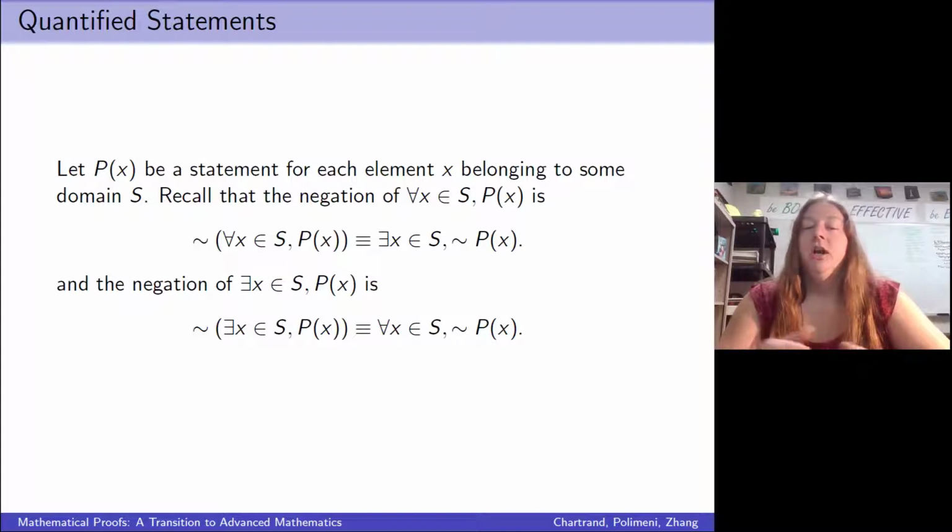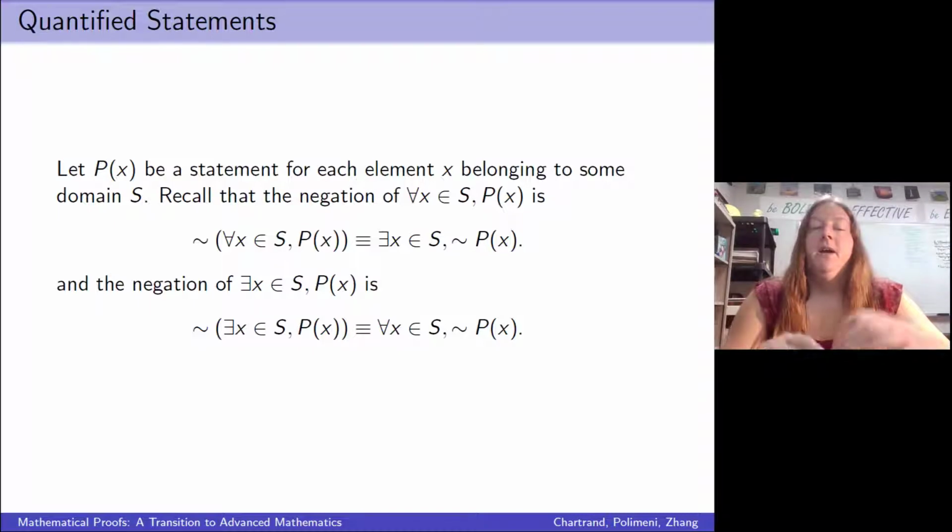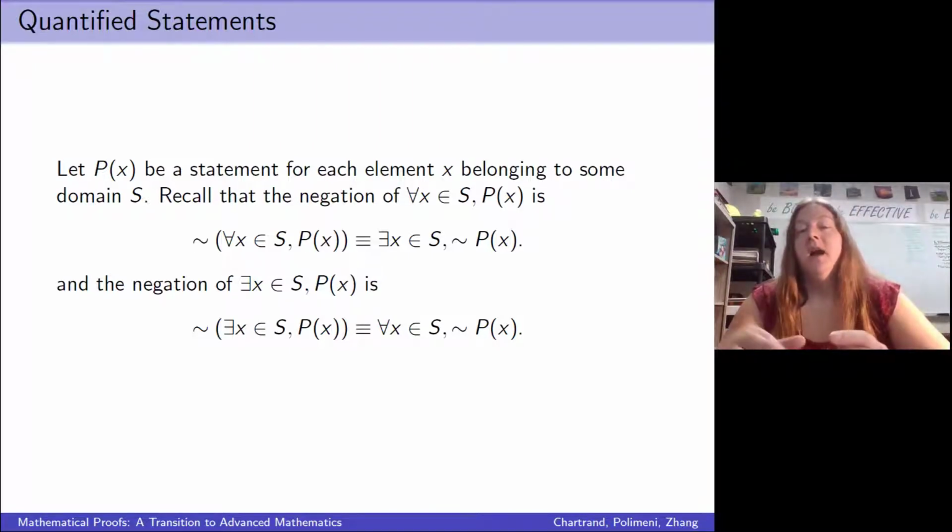So the negation of the universally quantified statement, remember, is the existentially quantified statement of the negation of P of X. So if I have the negation of for every X in the domain P of X, then there exists an element in the domain such that not P of X. And similarly, for the existential quantifier, if I want to show the negation of there exists an element in the domain such that P of X, well, the negation of that is for all of the elements in the domain, not P of X.